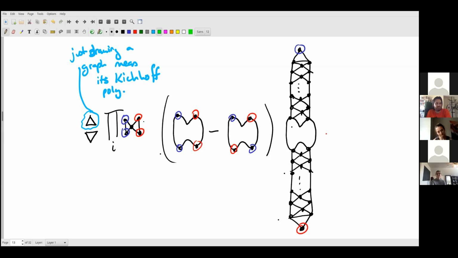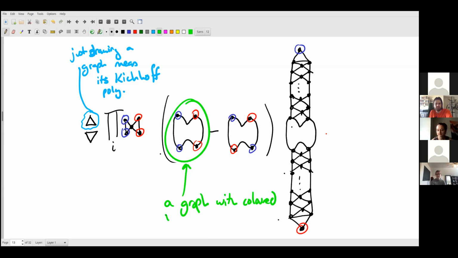Now, here's something else. Here I've drawn a graph with some colored blobs. Actually, I'm going to circle the next one because I'm going to want to circle something else about that. So a graph with blobs, a graph with some colored vertices, is an analogous sum over spanning forests.